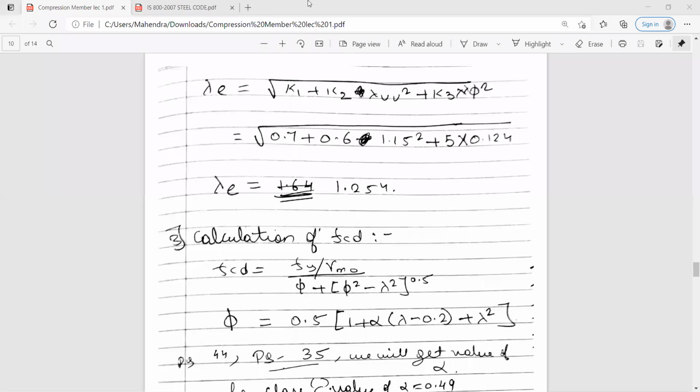Okay, done. Everyone had got the value for lambda I. Your value will be slightly different because the lambda VV you got is 11.5. Yes, everyone had got this value that is 8.98.